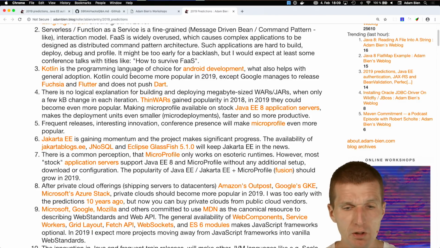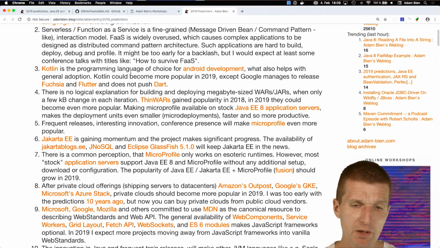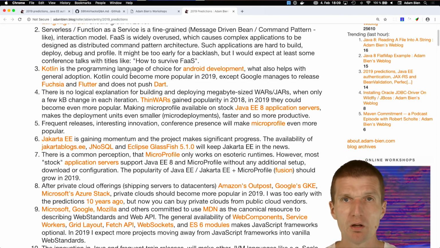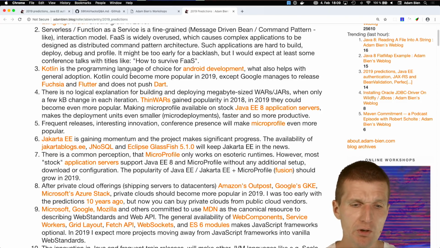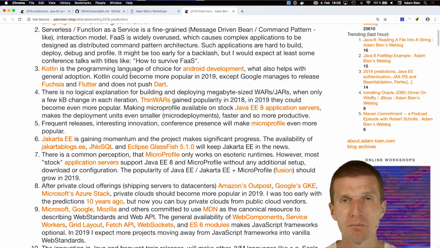Okay, Kotlin. I also got questions about my statement about Kotlin. Kotlin is nice, and it became very popular. I think one of the drivers was Android development and support for Android tooling. But what can happen is that there's the Fuchsia operating system and Flutter. I think Google is not that interested in keeping the JVM on Android because of the lawsuit.